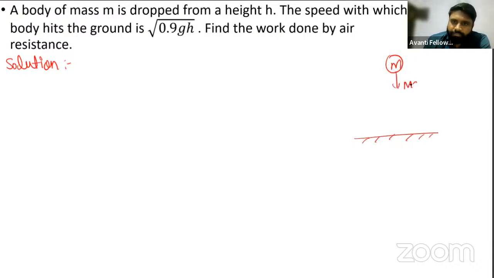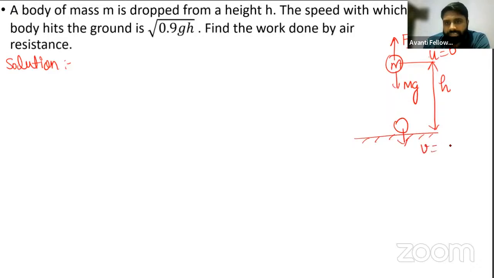A force of mg is acting in the downward direction, and as it is moving down, the air resistance, the air friction, will act in the opposite direction. Let's say it is dropped from a height h. Since it is being dropped, the initial velocity is 0. Finally, when it hits the ground, the velocity is square root of 0.9 gh.